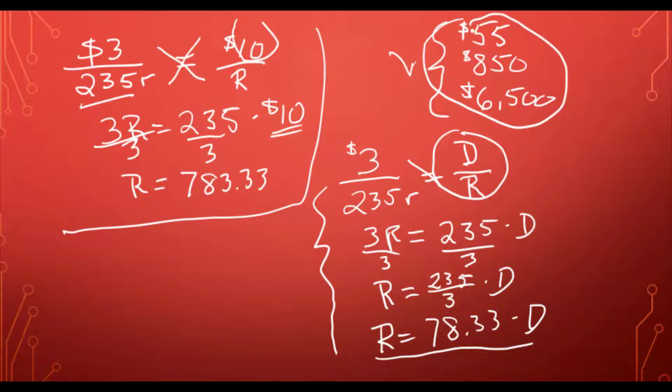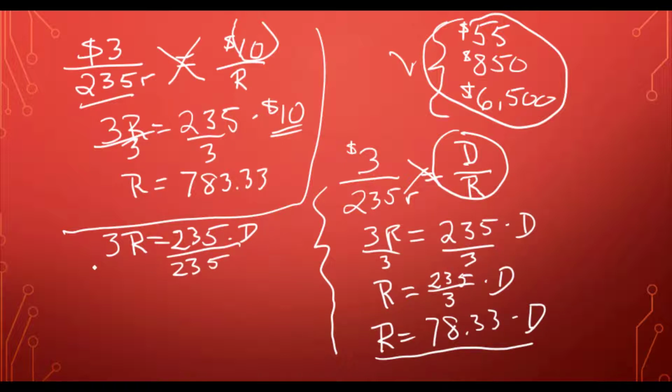which is the way in which now I can use this equation to convert these dollar amounts into rubles. If I wanted to flip it, here's my cross multiplication, 3 times R equals 235 times D. If I divided both sides by 235, I would get dollars equals 3 divided by 235 times rubles.